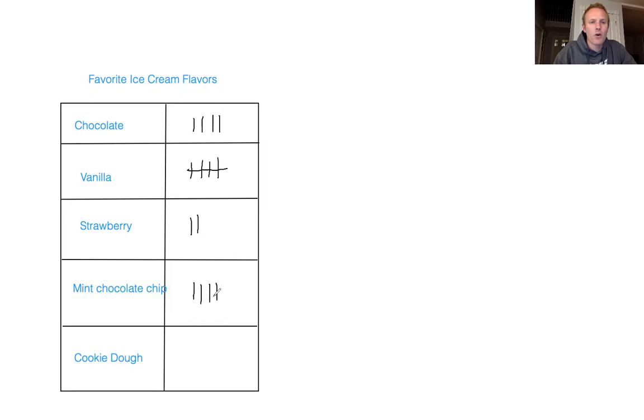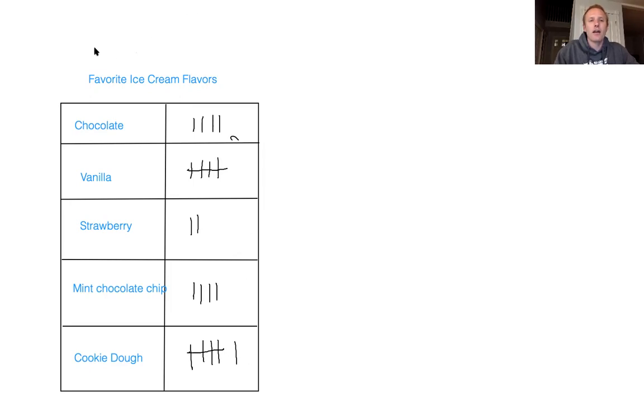We'll say 4 like mint chocolate chip, so 4, 9, 11, 15, and then 6 liked my personal favorite, cookie dough. So now we have our data, and this is often how you'll see it represented, or the other way you'll see it represented with the actual number. It might say 4, 5, 2, 4, and 6.